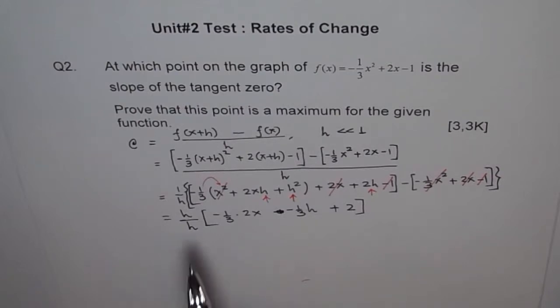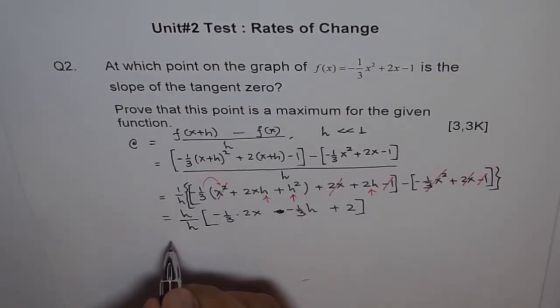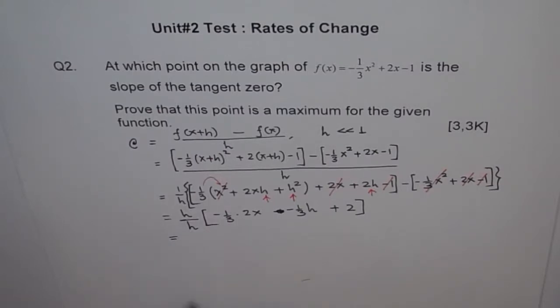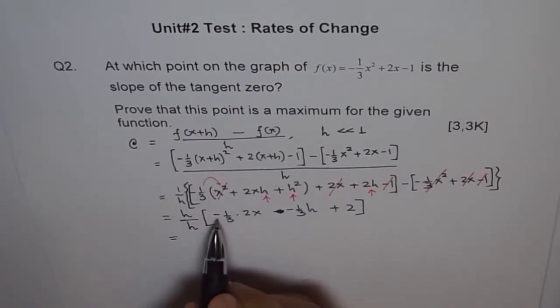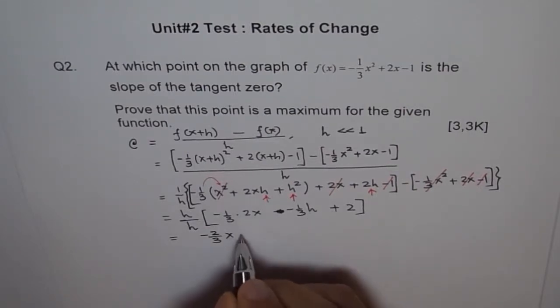Do you understand? So if I multiply with this h, I get those terms. Perfect, right? Now since h over h cancels out, I am left with -2/3 x. And h is very, very small, so I'm neglecting this term and I'm left with just plus 2.